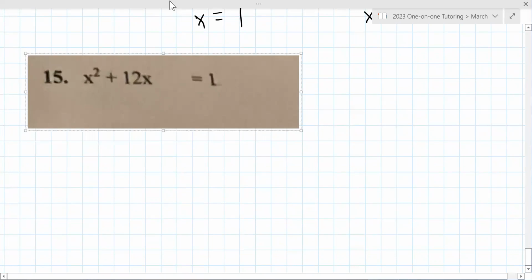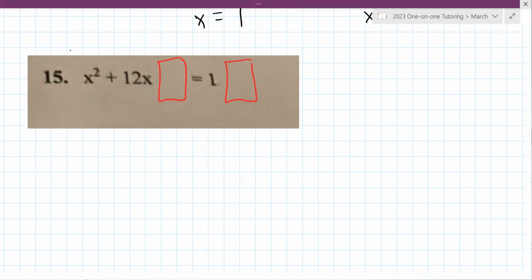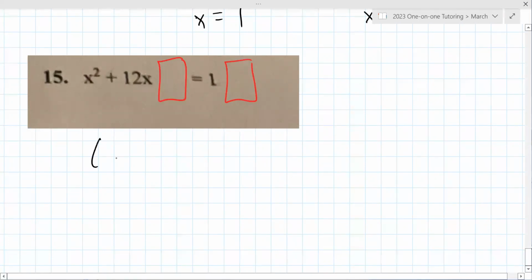Okay, so let me put those red boxes. You have to take half of 12. What does that become down here in parentheses? 6. Yeah, x plus 6 squared, and then it's plus 36 plus 36.